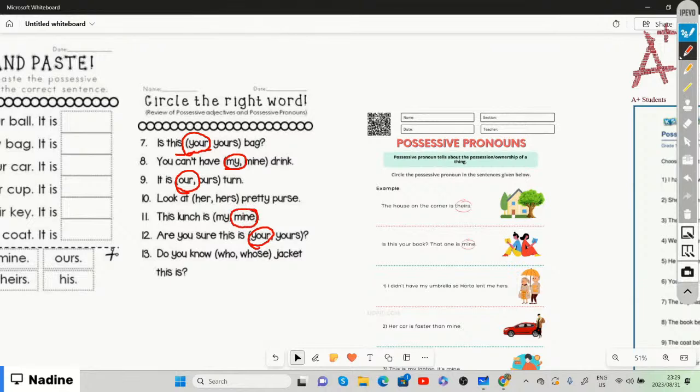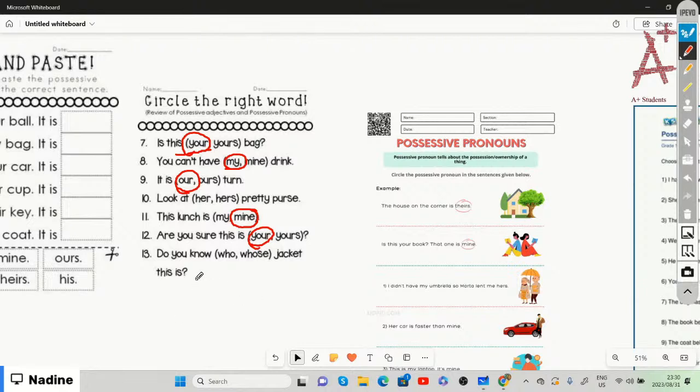Sorry. Yes. Number 13. Do you know who or whose jacket this is? Sometimes it's not even just about knowing the possessive pronoun, but it's also, does it sound correct?